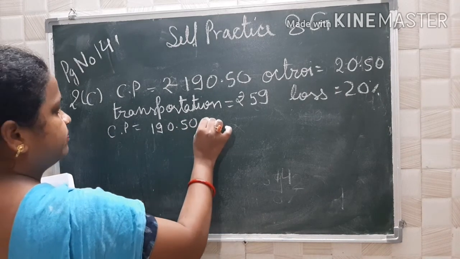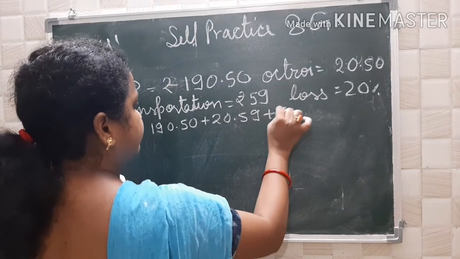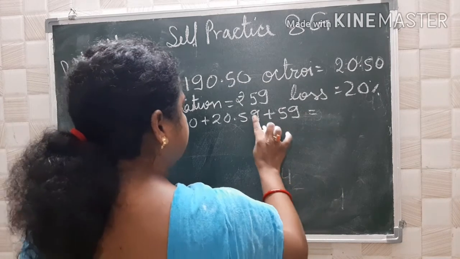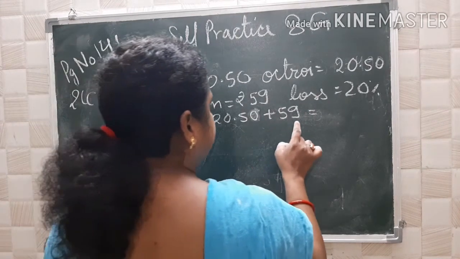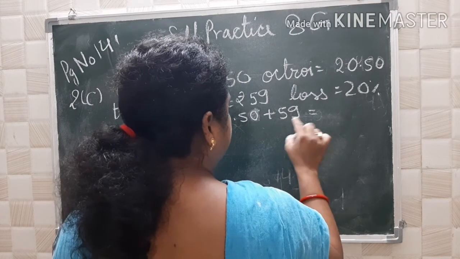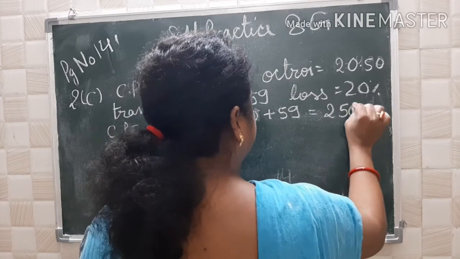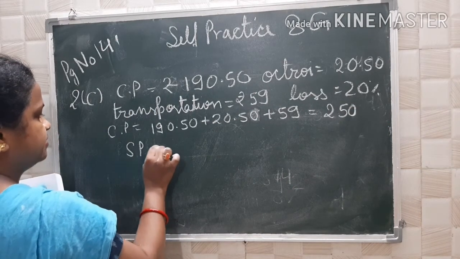190.50 plus 20.50 plus 59 is 270. Now what will be your SP here?